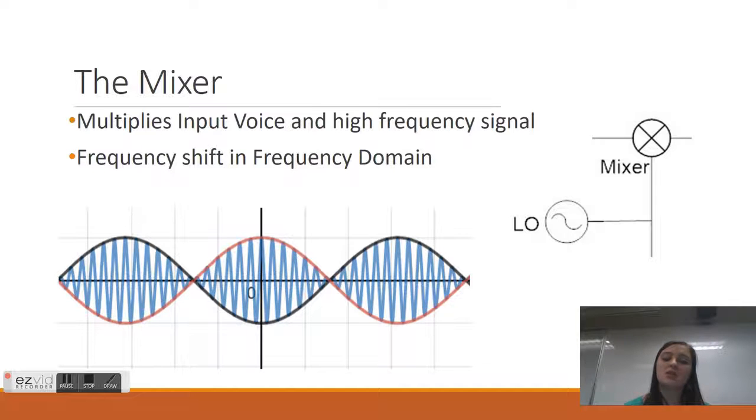As you can see on the screen, the red wave is the amplified signal from the previous slide, and then you multiply it with a higher frequency, which will produce the blue wave. And so there is a black wave on there as well, but this is just a shifted cosine to show that when you multiply the two signals together, the higher frequency will follow the pattern of the low frequency wave, and so the low frequency creates the envelope for the high frequency wave.